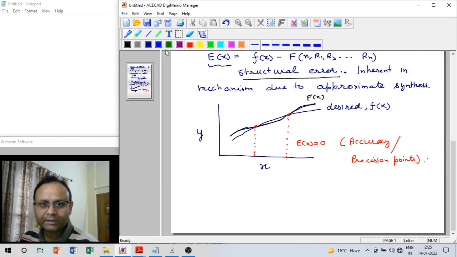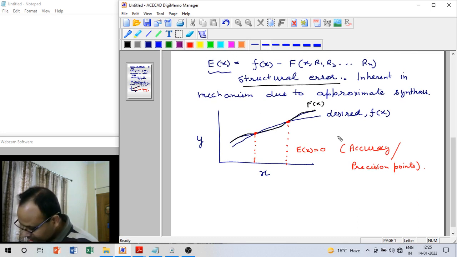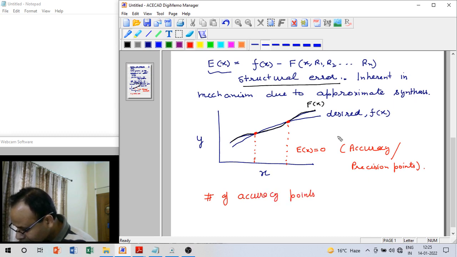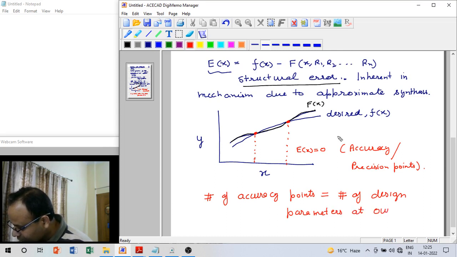And what is important is, it is not that you can have any number of accuracy points. The number of accuracy points will be equal to the number of design parameters at our disposal.